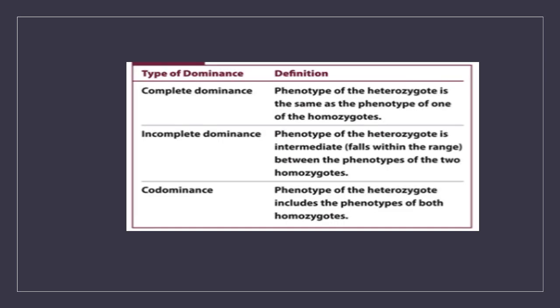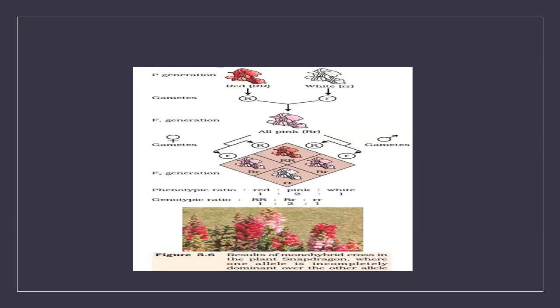In the next slide, it's the same diagrammatic representation of the test cross as given in your NCERT book, where the homozygous recessive can be crossed either way. Now over here is shown the pink flower formation by the red and the white.